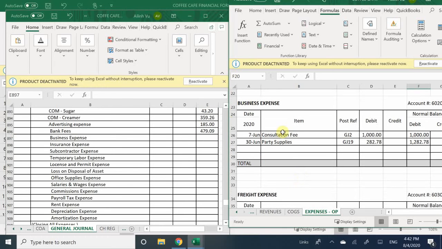Next is going to be business expense. So here we have another adjustment right here. And this time we're going to be crediting for the total amount of General Journal 22. I see where it did not go over. So General Journal 22.